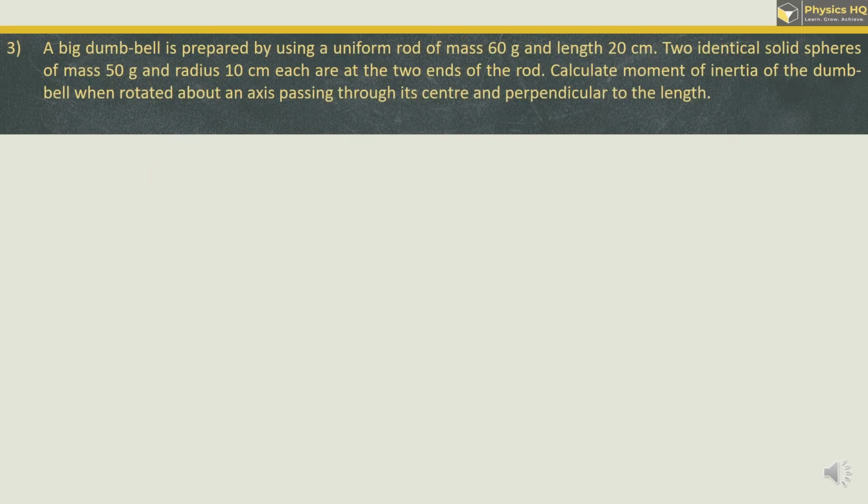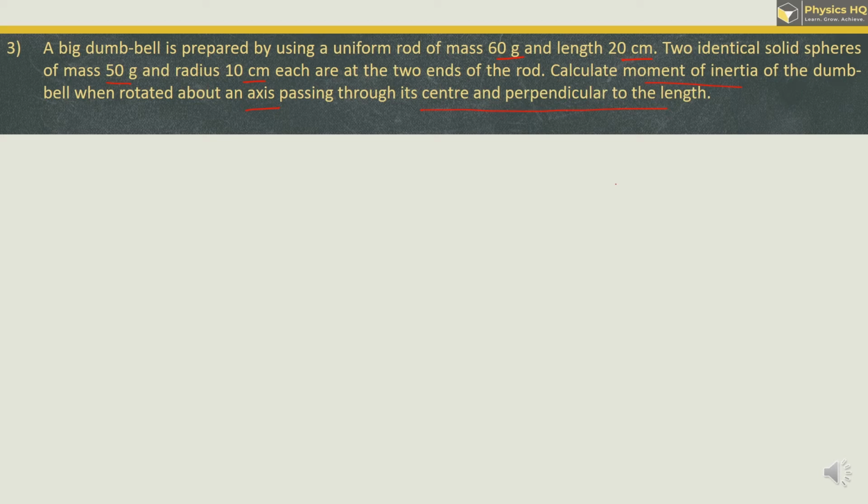Let us go ahead. A big dumbbell is prepared by using a uniform rod of mass 60 kg and length 20 cm. Two identical spheres of mass 50 gram and 10 cm radius each are at the two ends of the rod. Calculate moment of inertia of the dumbbell when rotated about an axis passing through its center and perpendicular to the length.